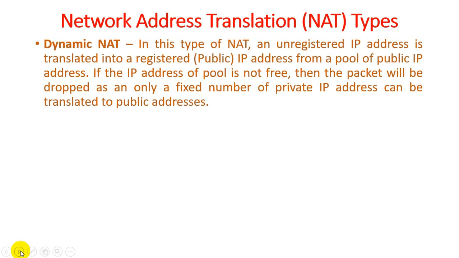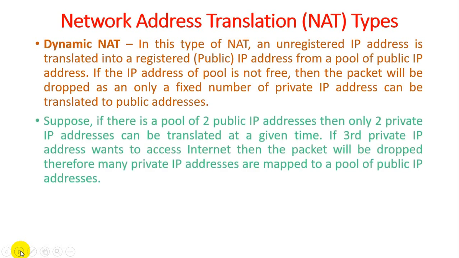As previously discussed, if the NAT table is full, the packet is automatically dropped, and only a fixed number of private IP addresses can be translated. That is one limitation, but it is more useful nowadays because we are not wasting public IP addresses, and it is cheaper compared to static NAT.